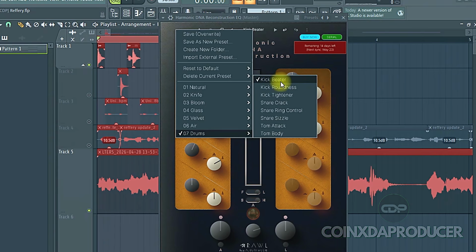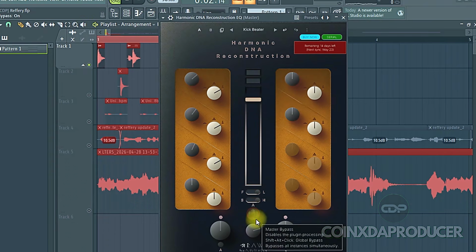We'll start with this one, which is for drums, and this is for the kick.